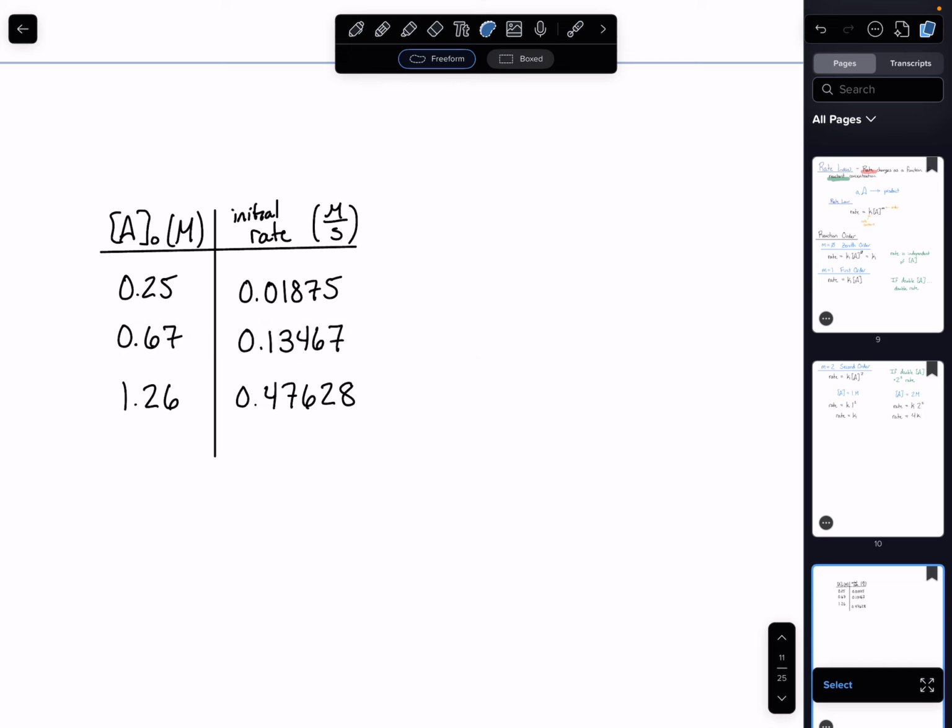All right, now, unless you got some like Goodwill Hunting calculator brain going on here, it is very difficult to see the pattern that you would have to apply for a 1st, 2nd, 3rd order reaction here.